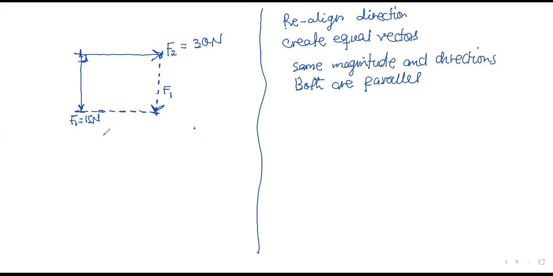Same magnitude. Then what is the direction of F2? Due east. I must also give this a direction due east. Then I can say that this is also F2.